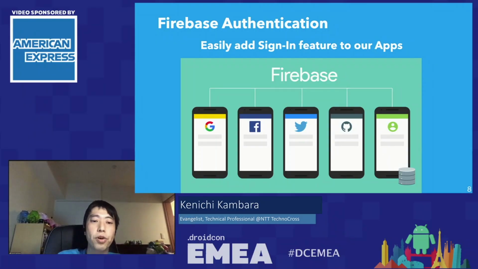Firebase Authentication provides a useful SDK, backend services, and UI components for user authentication. And it supports a lot of authentication methods, such as password, phone number, and federation providers such as Google, Facebook, Twitter, and more. By using this feature, we can easily meet these requirements.